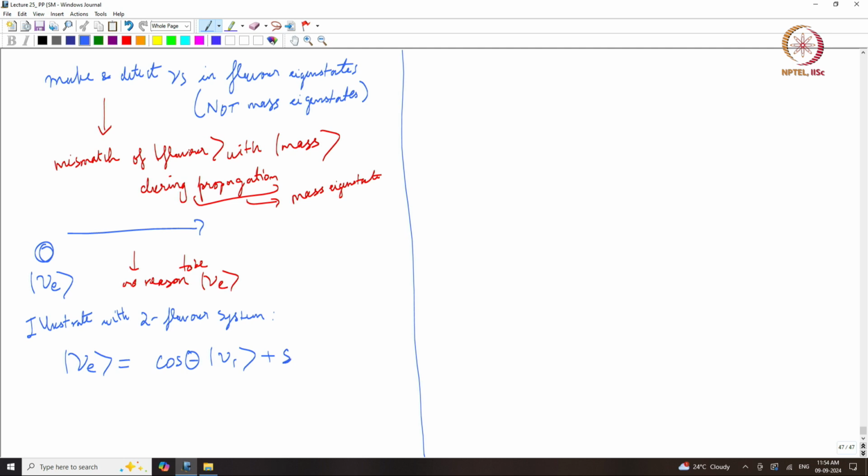Let us say it is an admixture parameterized by a theta, an admixture of nu 1 and nu 2. Then what would be the mu 1? It is the orthogonal combination. And let us say this is true at t equal to 0.